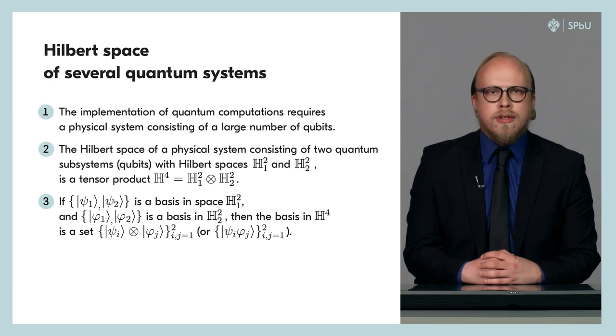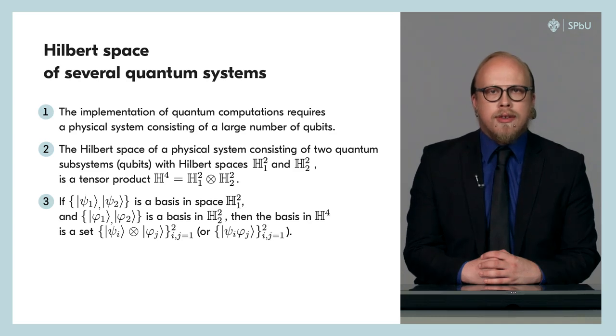Suppose we have a physical system that consists of two qubits, that is, of two subsystems. The first qubit is described using the state vector psi, and the second is described by the state vector phi. The state vector psi of the first qubit is an element of the two-dimensional Hilbert space H1, and the state vector phi of the second qubit is an element of the two-dimensional Hilbert space H2.